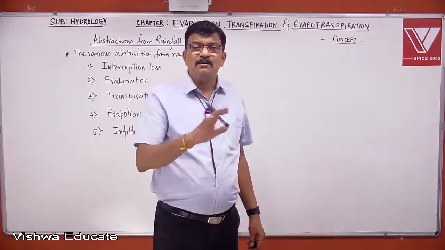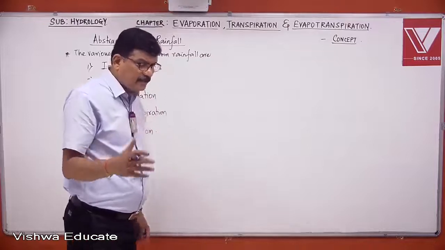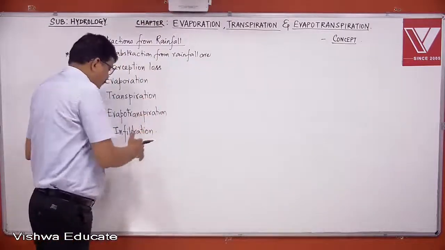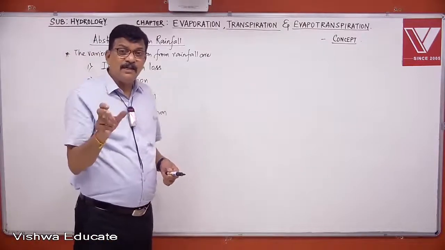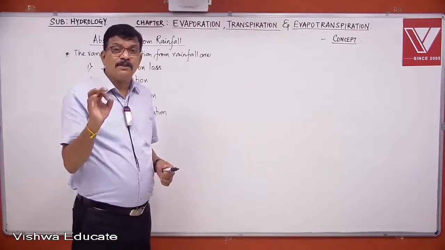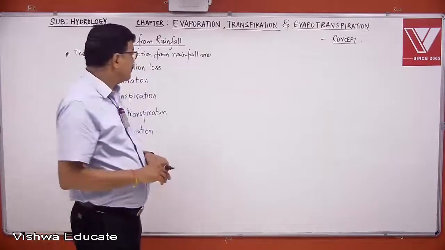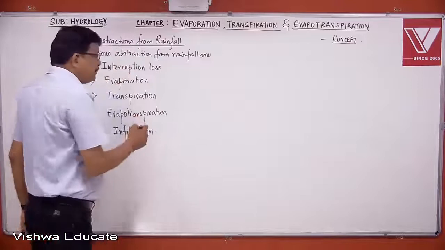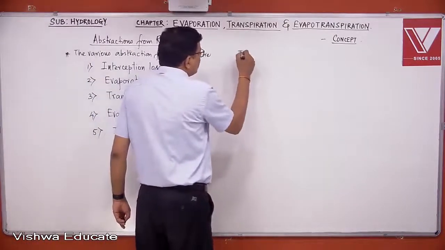In that, all this will appear in that equation. From that, we will know how much water we will be able to store in the source. Now, let us take it up one by one.